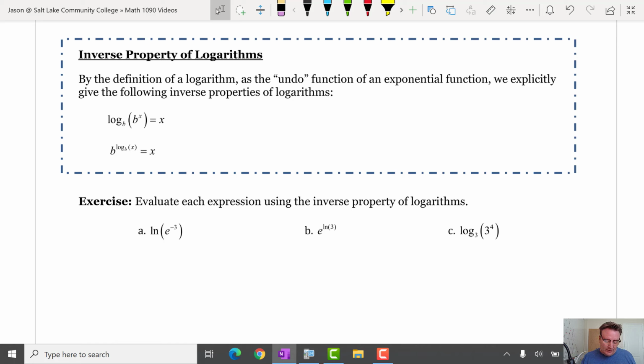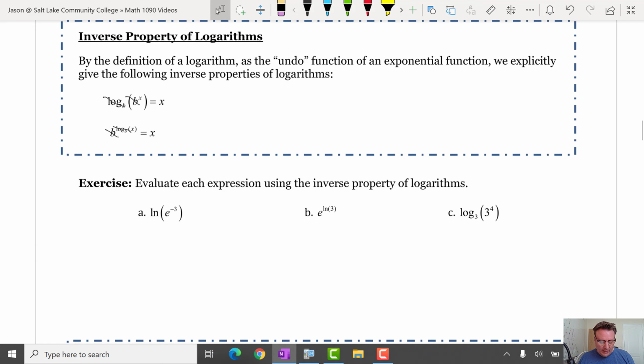Another way to think of it is that these are kind of like canceling each other out. So log base b of b to the x, those two cancel out and you're just left with x. Or exponentiation base b of an expression log base b of x, those cancel out and you're just left with x.